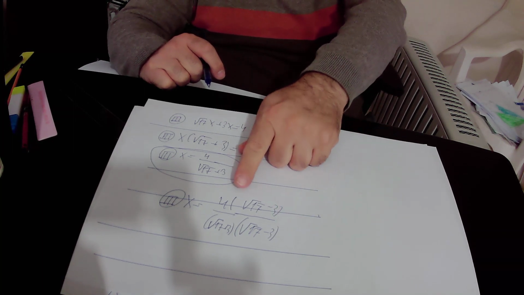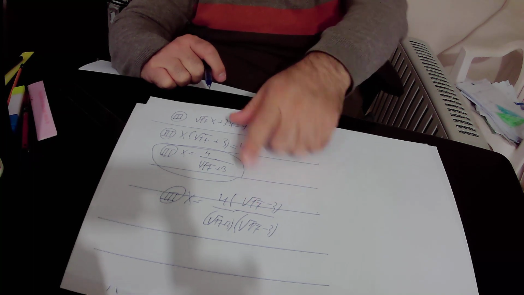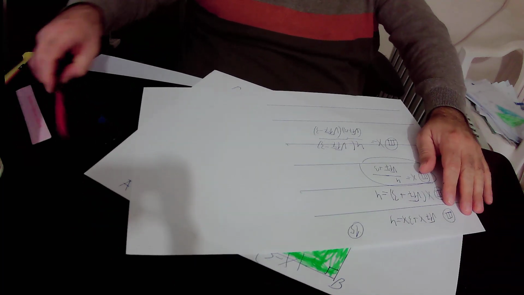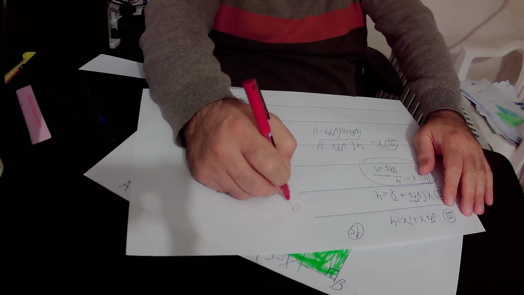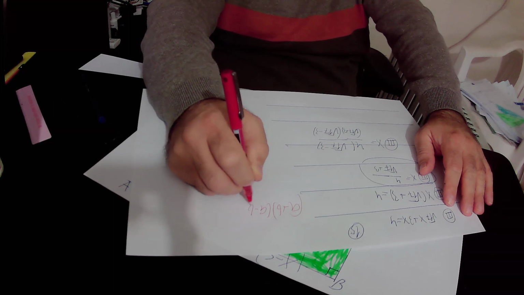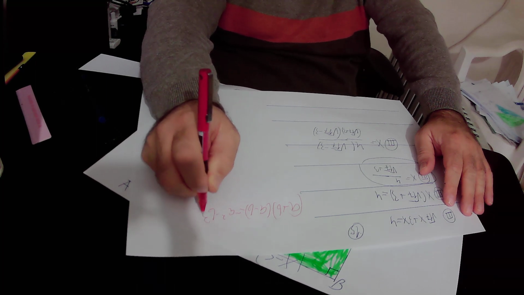We will find out the value of the denominator by the following algebraic identity: a plus b times a minus b equals a squared minus b squared.